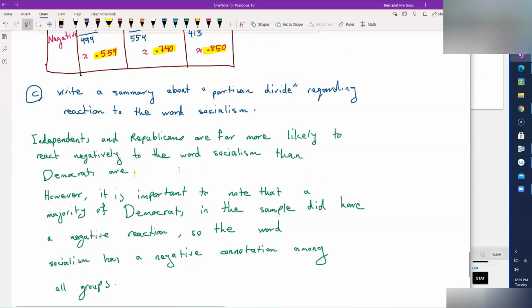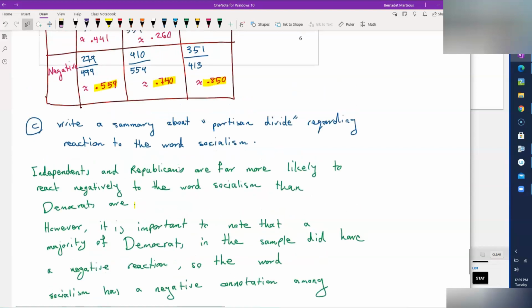So this is what our conclusion was based on this table.